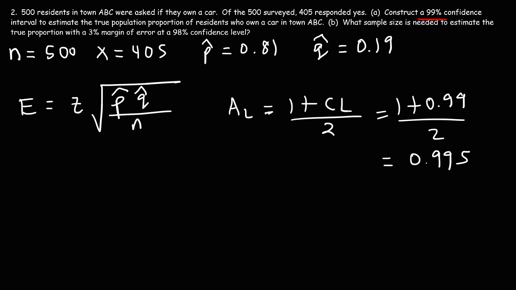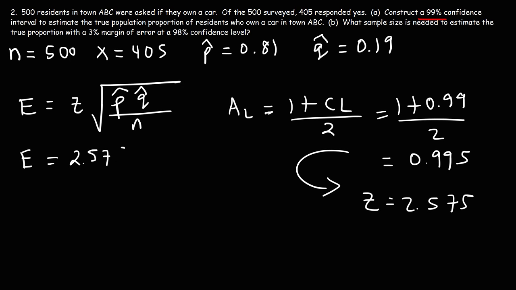Now, using the z-score table that we used in the last problem, this will give you a z value of 2.575. It's in between 2.57 and 2.58. So if you average those two z-scores, you get 2.575.